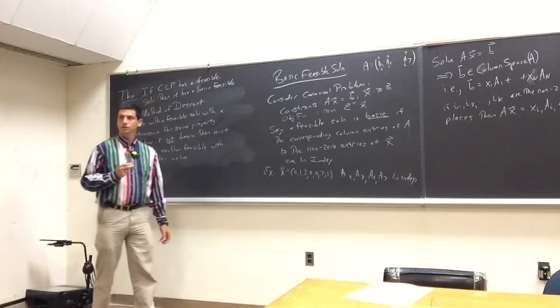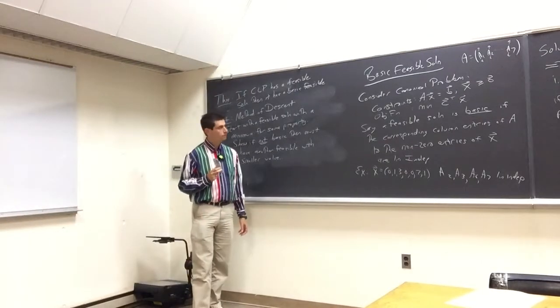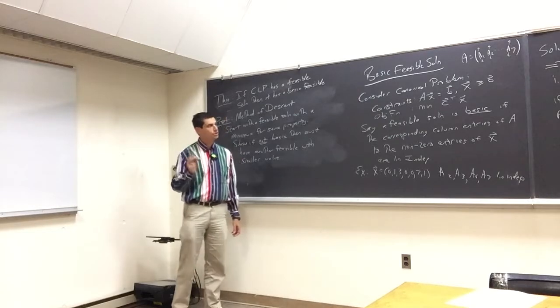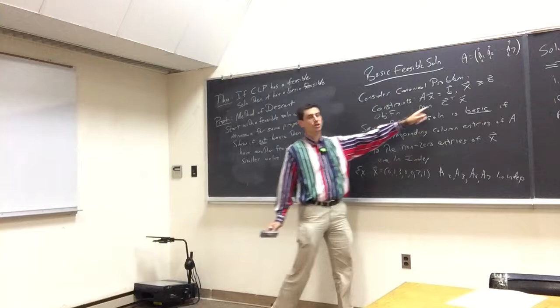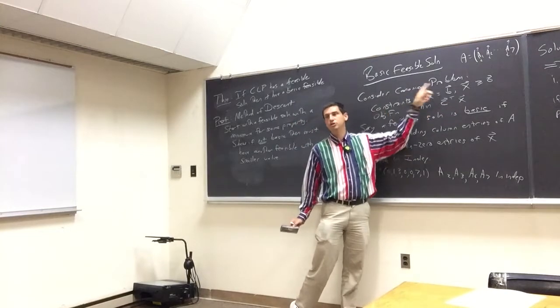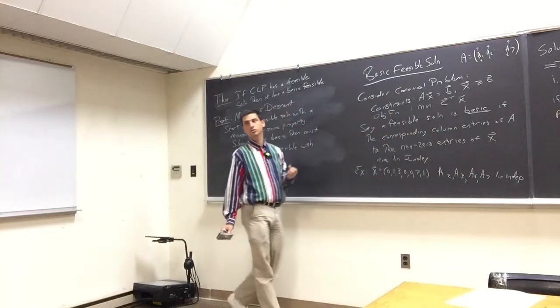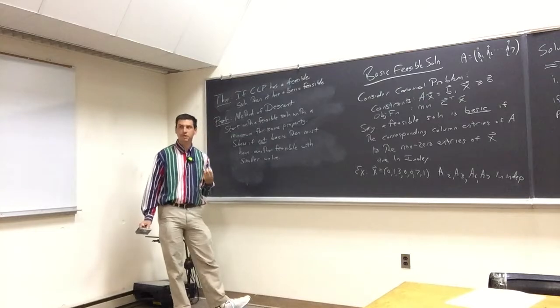I want to say like C transpose X. C transpose X, it's a good thing to try, but it can't be right, because C transpose X is the objective function. And right now we're just talking about the feasible solution. So the objective function can't play any role.